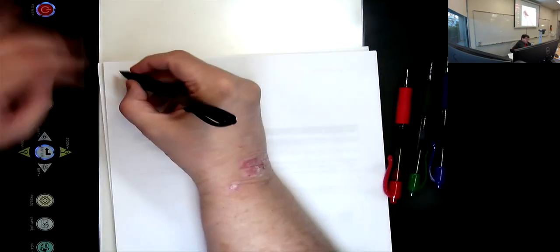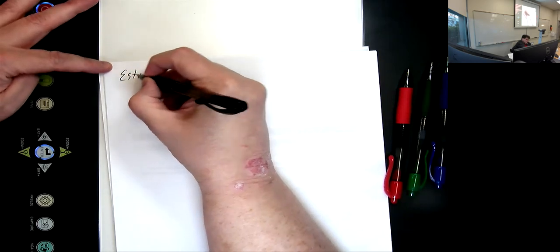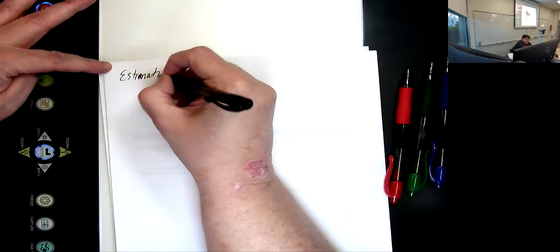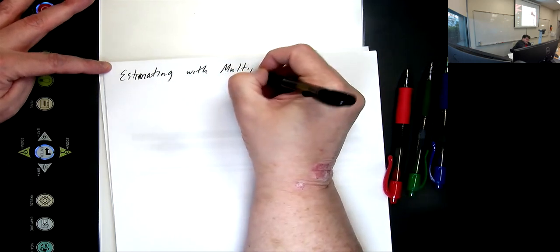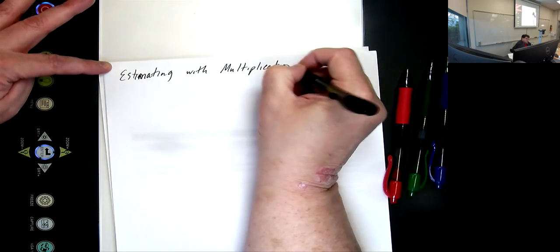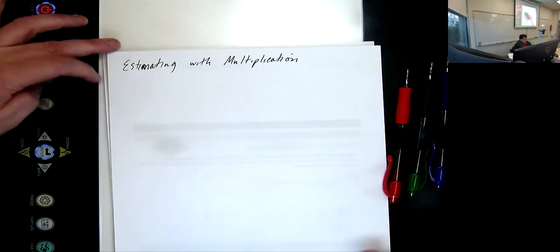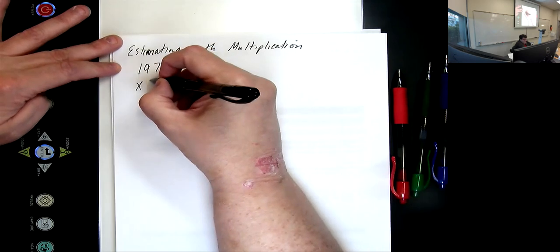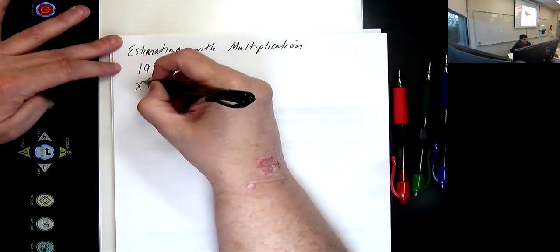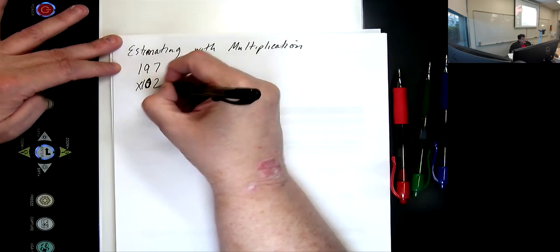The rules about division that you need to know. Oh, a little bit more on multiplication: estimating with multiplication. Bob, you know how to do this. Let's say I want to do 197 times 98, or let's say 102.